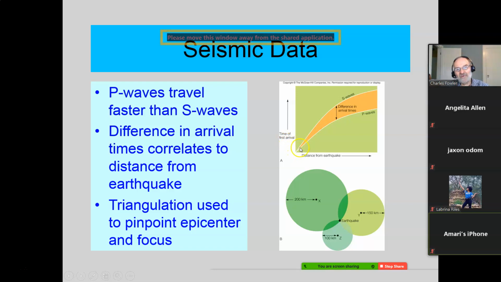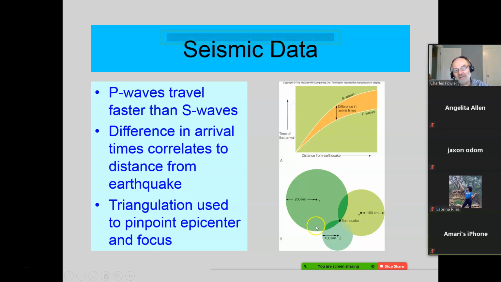This is the time of first arrival of the P waves would be here, but the S wave didn't get here till then. Well, they're pretty close together. That means it had to be pretty close, okay? But if the P wave arrived at this time, and then the S wave arrived here, that means that's a pretty long distance away. So that could have been the 150 kilometer here.